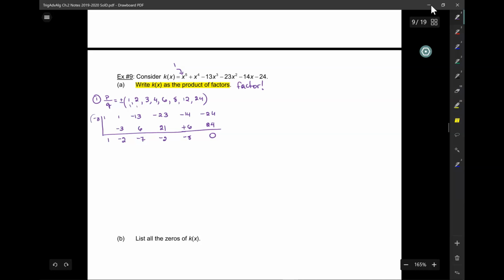From this, I get a term x plus 3. So it's x minus that point, minus -3 is plus 3. From this, I get the depressed polynomial, which is, I'm sorry, not x squared, x to the 4 minus 2x cubed minus 7x squared minus 2x minus 8.